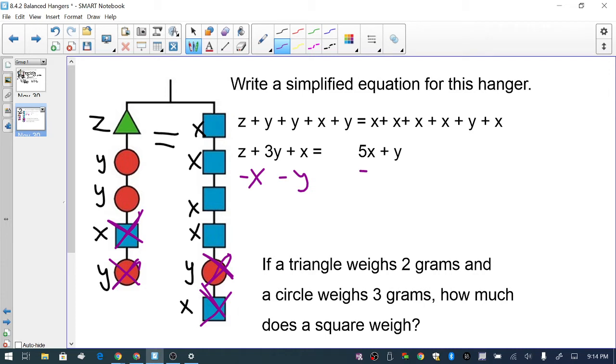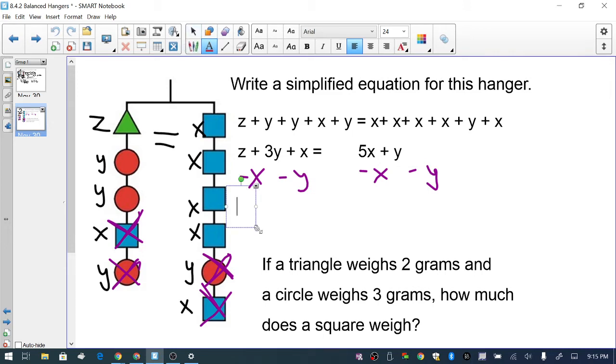On the right side, we did exactly the same, subtract an x and a y. Subtracting equal weights from both sides of the hanger does not change the equation. It stays in balance. And now we can write our equivalent expression.